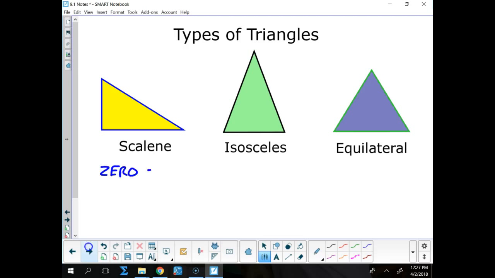You were honestly thinking of isosceles. What about isosceles? Two of the sides are equal. What about all three? All 3 are equal. I would have said rectangle.